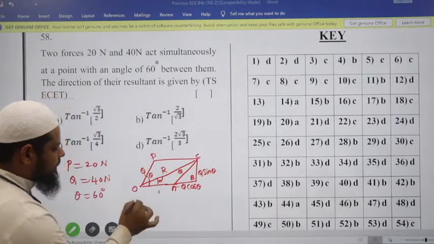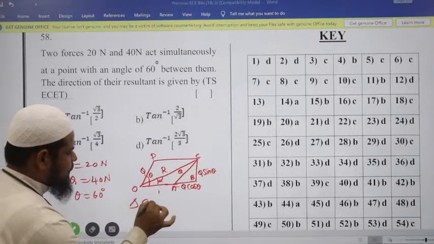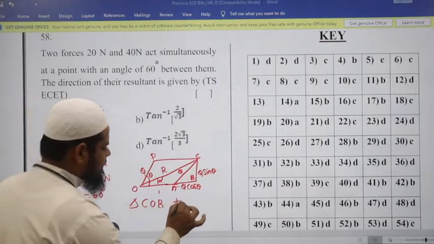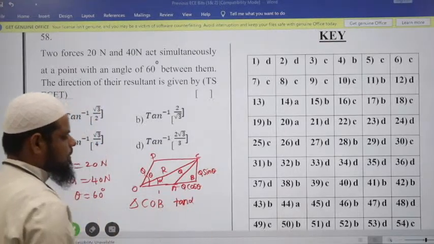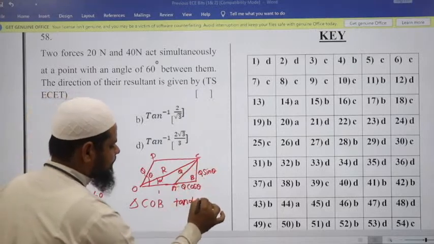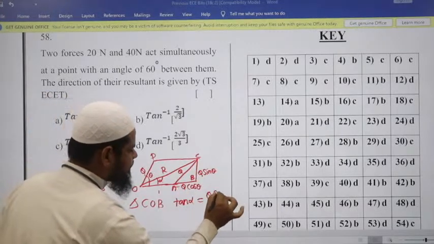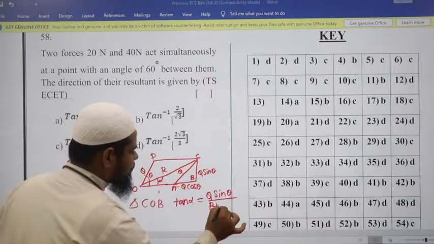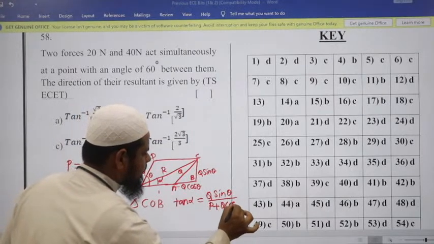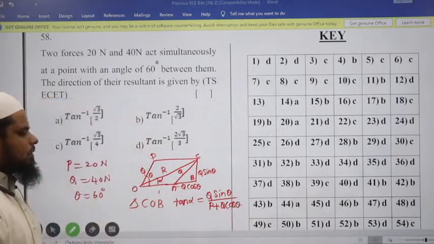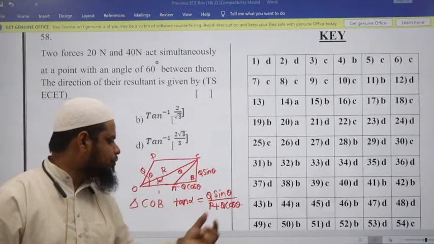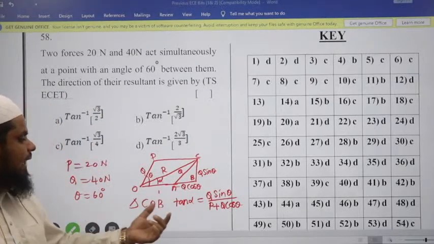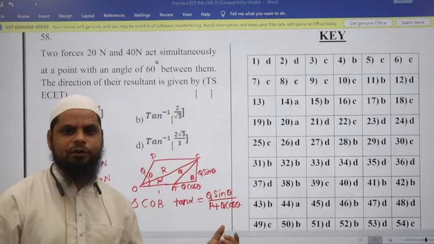So I'll go with the triangle COB. In that case, tan alpha is equal to opposite, q sin theta, by adjacent, p plus q cos theta. That is the formula. So tan alpha is equal to q sin theta by p plus q cos theta. Like this you can find out the answer.